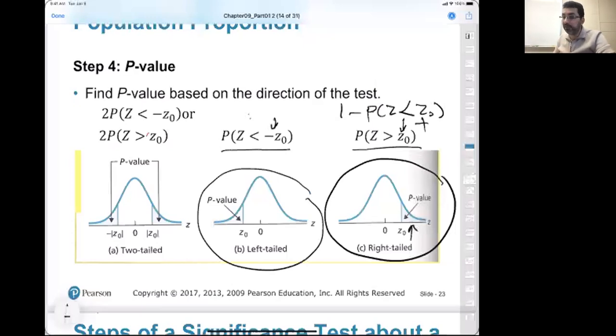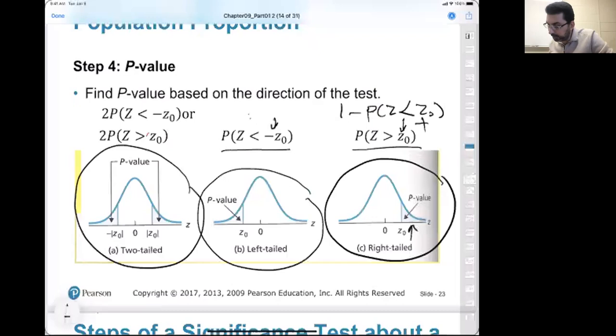If you have a two-tailed test, which means the alternative hypothesis is not equal to p naught, then based on the value of the test statistic, positive or negative, you will calculate the p-value. If it's positive, you will apply this one: 2 times the probability that Z is greater than the value of the test statistic.